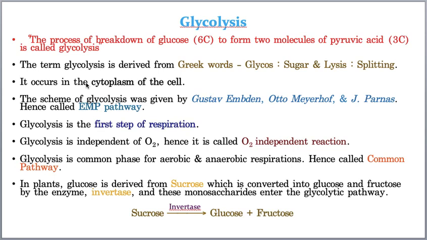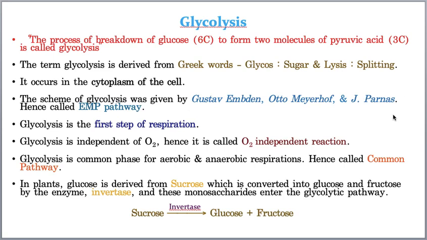Now this glycolysis pathway, this mechanism, was explained by three scientists together. Who are they? The first scientist is Emden. Please try to understand Emden. The second scientist is Meyerhoff, and the third scientist is Parnas.